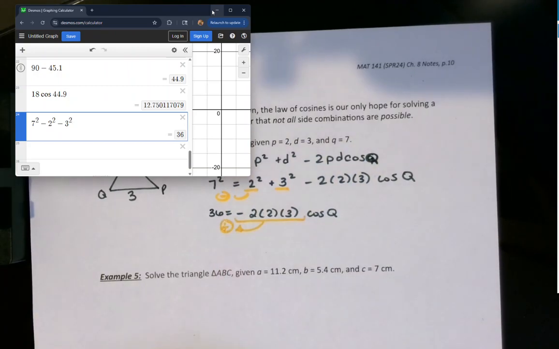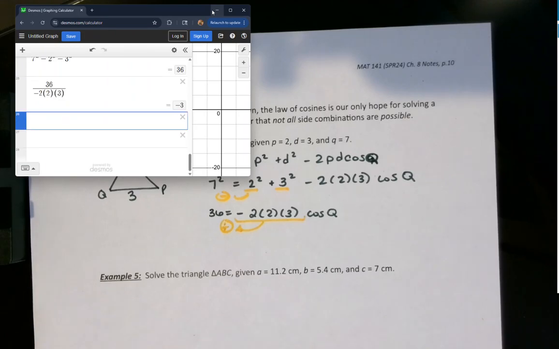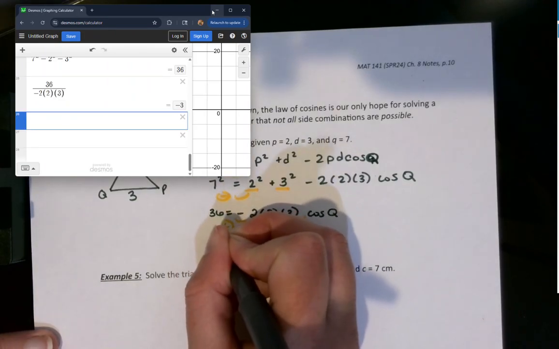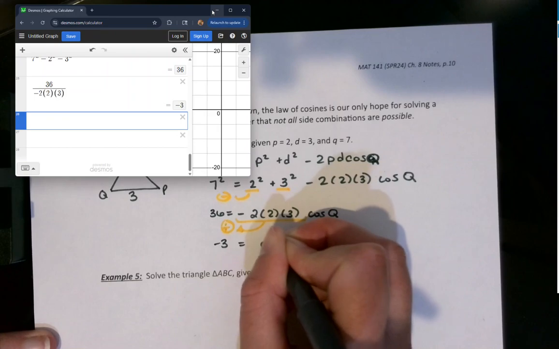And so we're dividing by 12, right? 2 times 2 times 3. But I'm going to just write it out. I've got myself 36 divided by a negative 2 times 3, which is 12. It comes out as negative 3 equals cosine of Q.